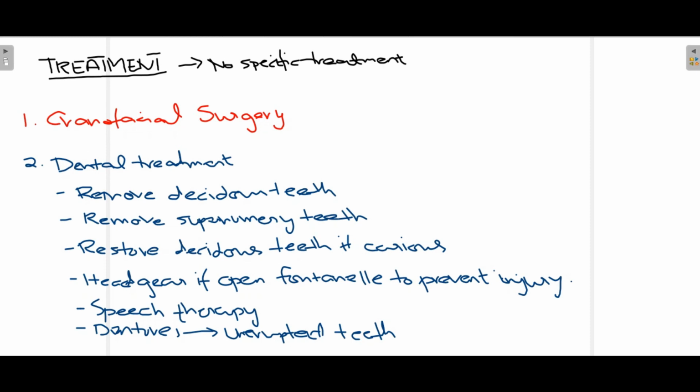So this was all about cleidocranial dysplasia. We started off by talking about some general facts and basic things, what cleidocranial dysplasia actually is, how it occurs, which genes are involved, which basically tells about its etiology, and clinically how such patients present to us in our clinic. There are different features, most commonly cranial, clavicle and dental abnormalities.